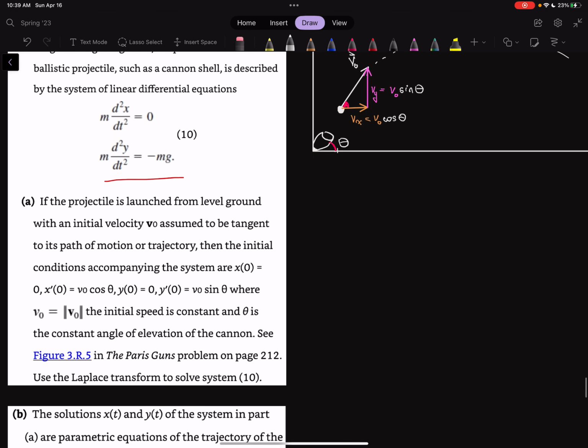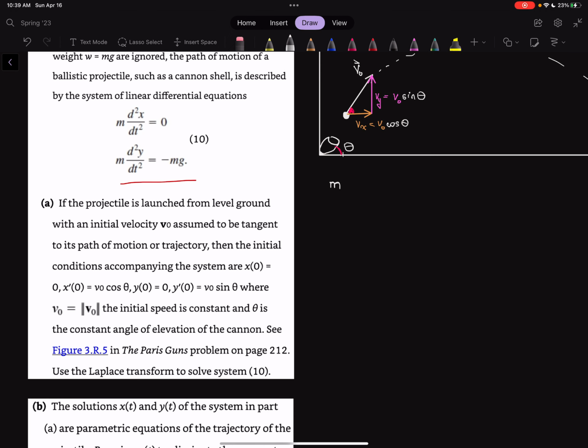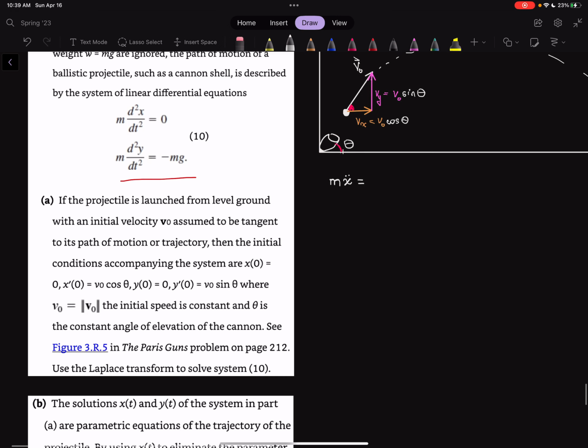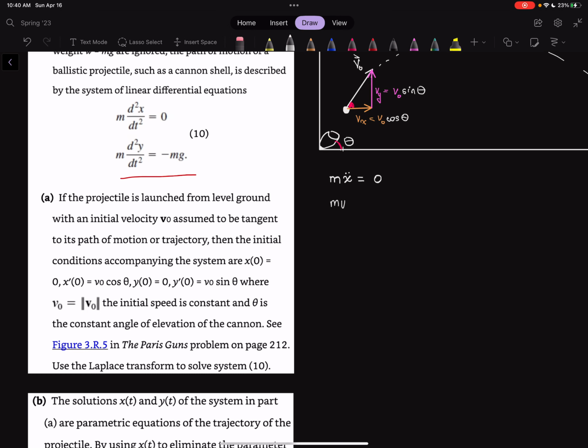Now, if we just look at the ball, we can say, as shown on the left, that the overall forces in the x direction, applying Newton's second law, are equal to 0. And the overall forces in the y direction are equal to negative g times m, right?